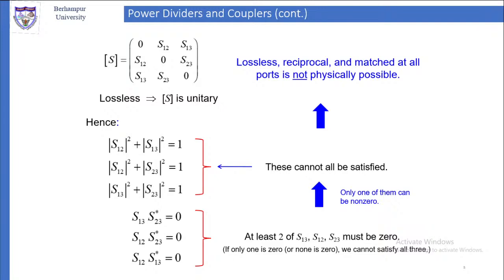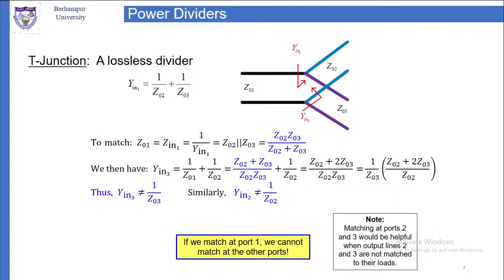That implies that it is not possible to have lossless, reciprocal and matched at all ports. It is not physically possible. Mathematically or analytically we have seen this. When you studied S parameters in your first semester, you must have seen this. The detailed proof you would have seen.